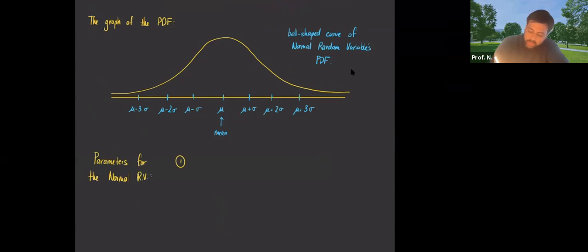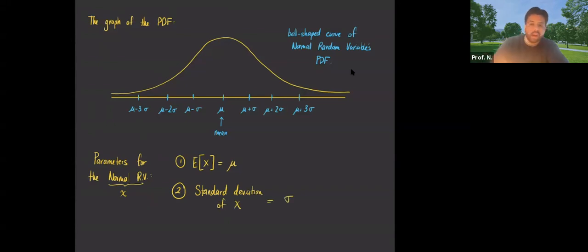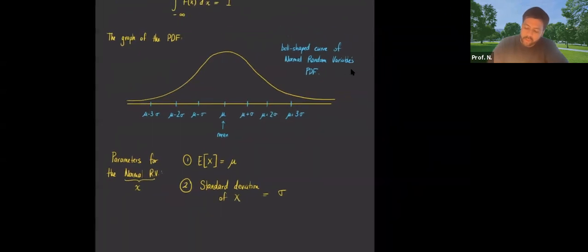The first one is the expected value: if I call my random variable x, the expected value of x is that constant mu. And the standard deviation of my random variable is the constant sigma, lowercase sigma.